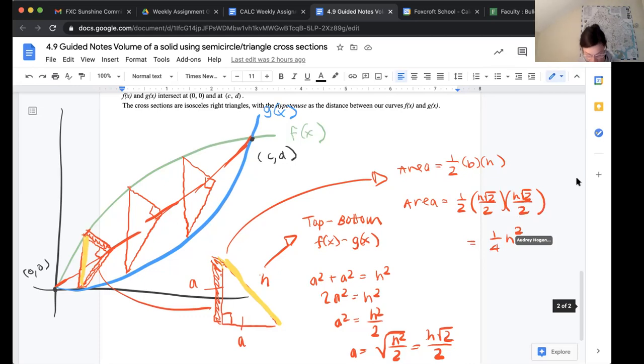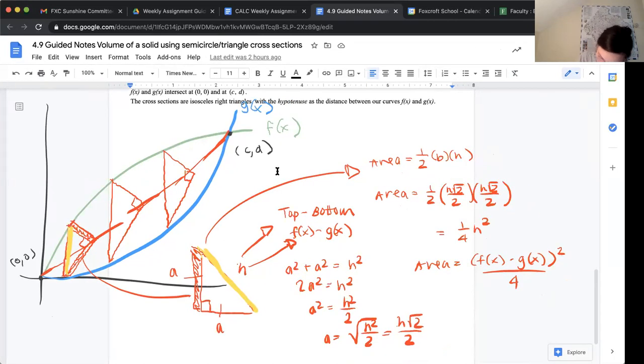And finally, we know that h, in fact, is top minus bottom, which is f of x minus g of x. So area is equal to f of x minus g of x squared over 4. And then if we want to make area 3D, aka if we want to turn area into volume, we add some depth.